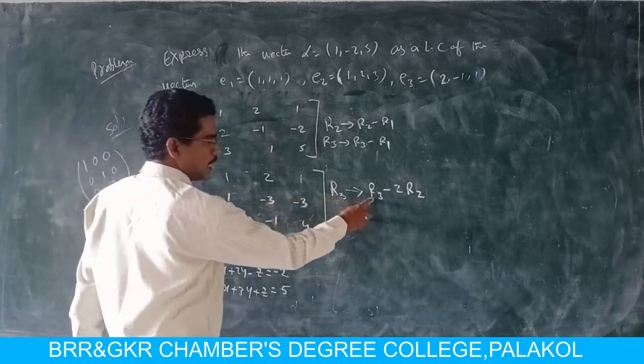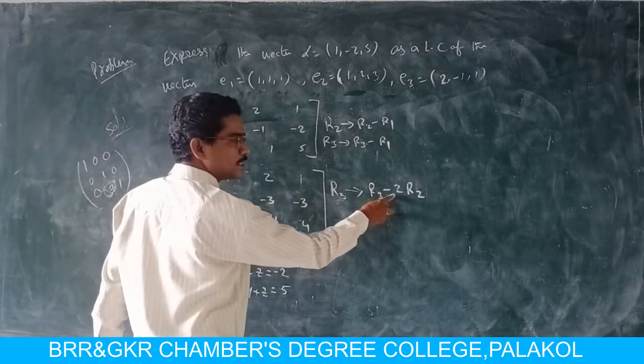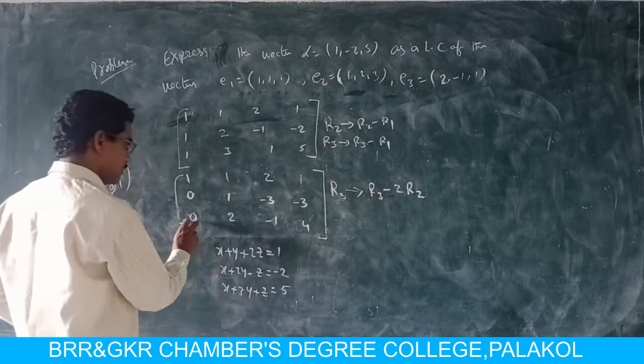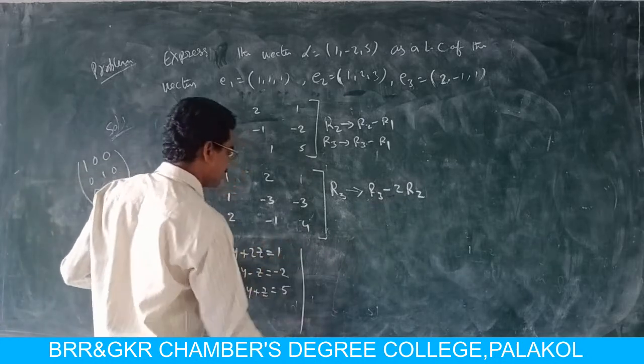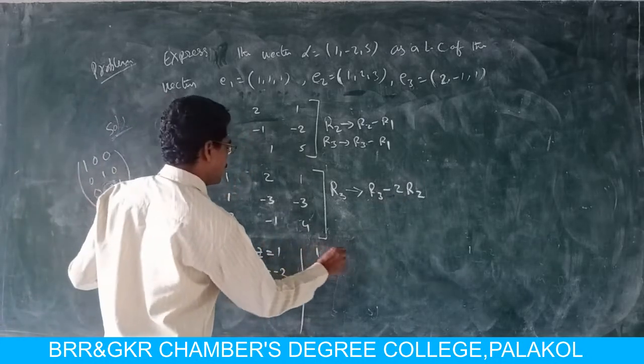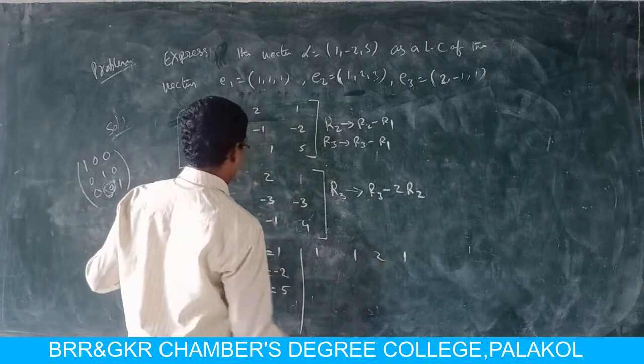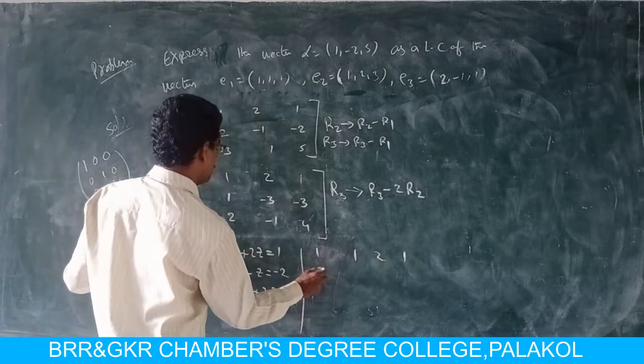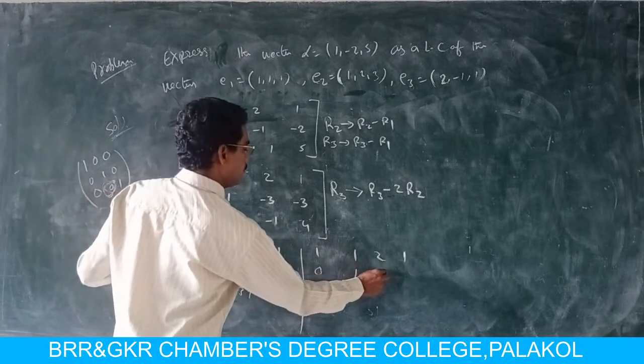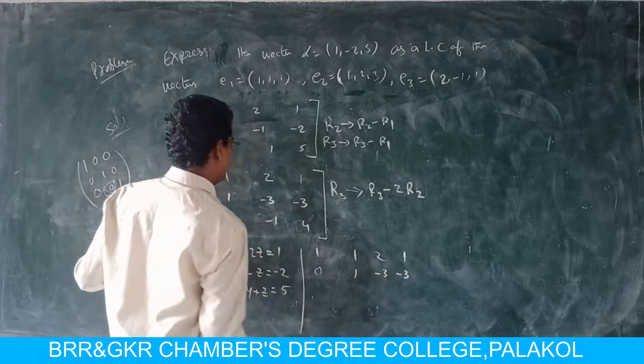Then the matrix can be changed into 1 1 2 1, second row 0 1 minus 3 minus 3.